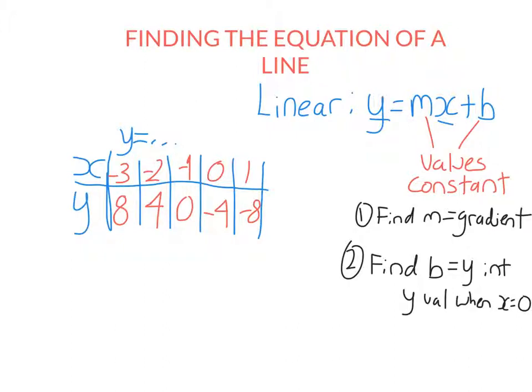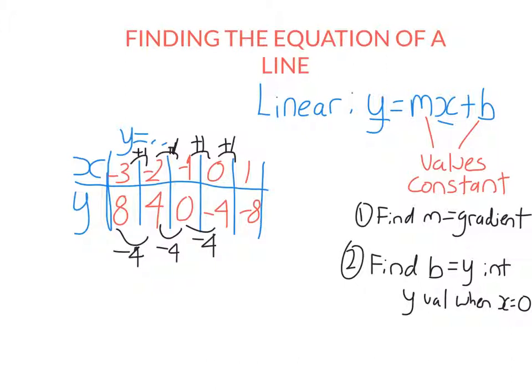We know that this is linear because each time x is increasing by 1, the same thing is happening to y: each time it's going down by 4. It wouldn't be linear if it went down by 4 and then down by 3 or whatever. But because it's going down by 4 each time, it's linear.